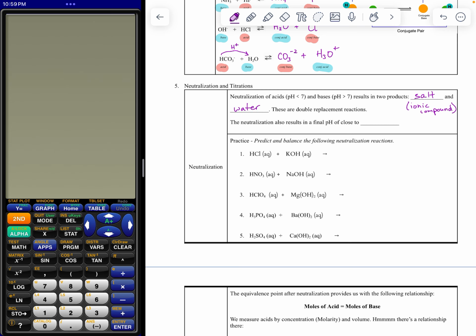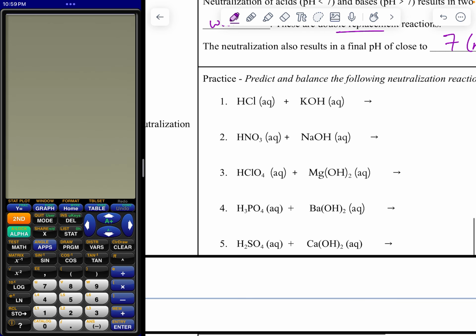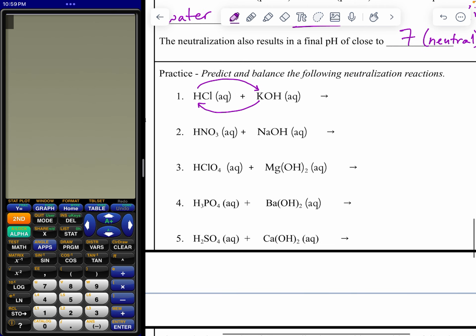Now, these are double replacement reactions, so we do have just a swapping of the initial ions, so to speak. But the neutralization should result in a pH that is relatively close to 7, which is neutral. So when we're looking at these reactions, we have our initial ions swapping places.